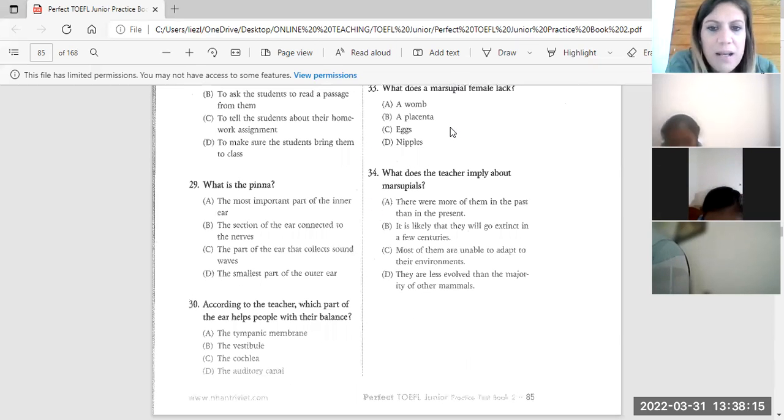What does the teacher imply about them? Instead, their womb is more like an egg. A baby only lives in its mother's womb for a short time. In the womb, it's a substance that's sort of like an egg yolk.